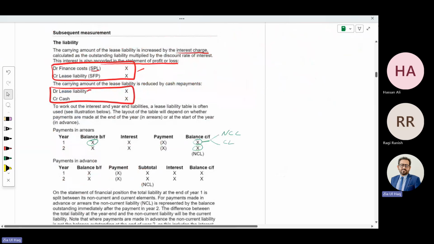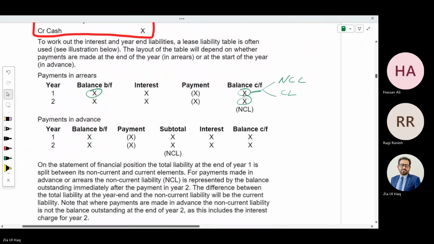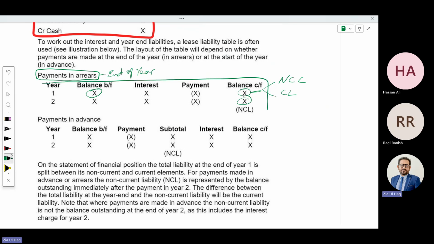Okay, now I'm changing this concept into two further parts. If we are making a payment at end of year, that is also called payments in arrears. Then we will calculate the liability figure like what we have covered so far: opening balance of lease liability plus interest minus payment.